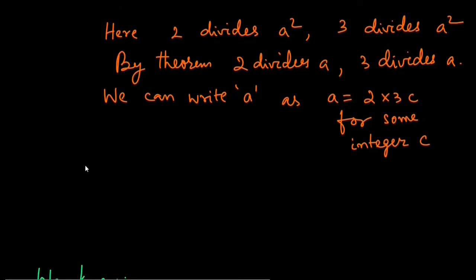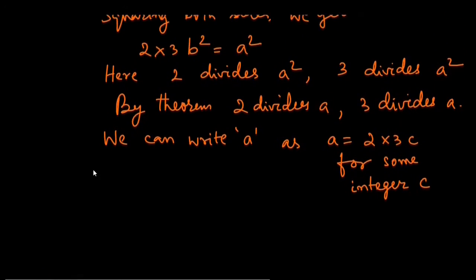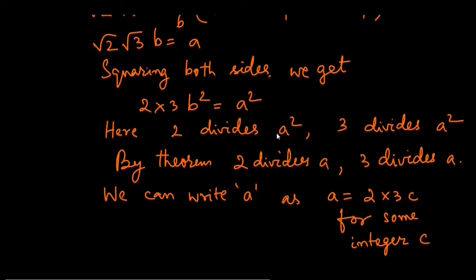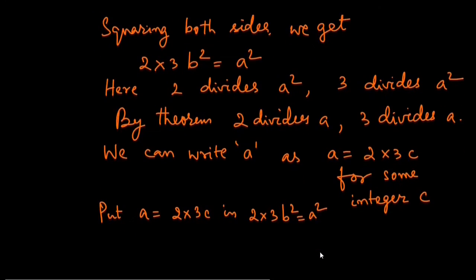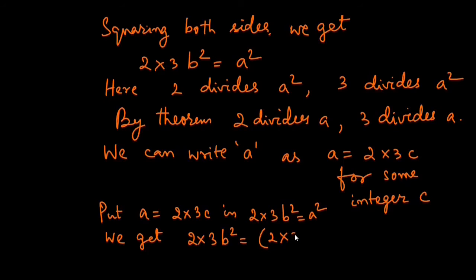Now substitute this in the result we previously got. Substitute a is equal to 2 into 3 c in 2 into 3 b square is equal to a square. So we get 2 into 3 b square is equal to 2 into 3 c whole square.